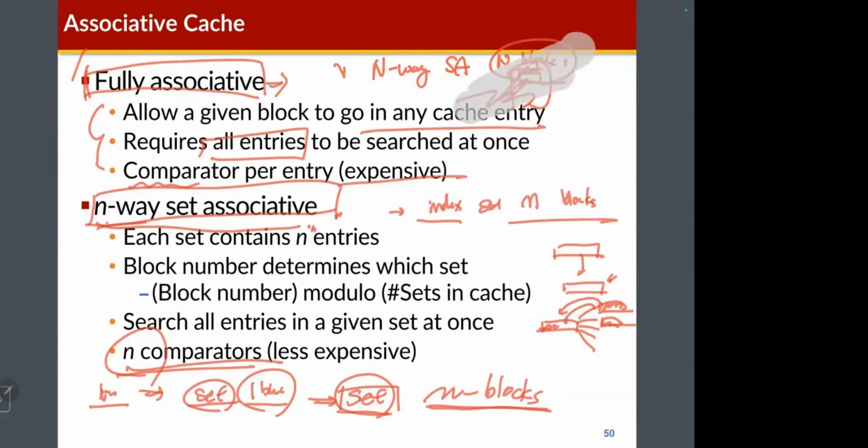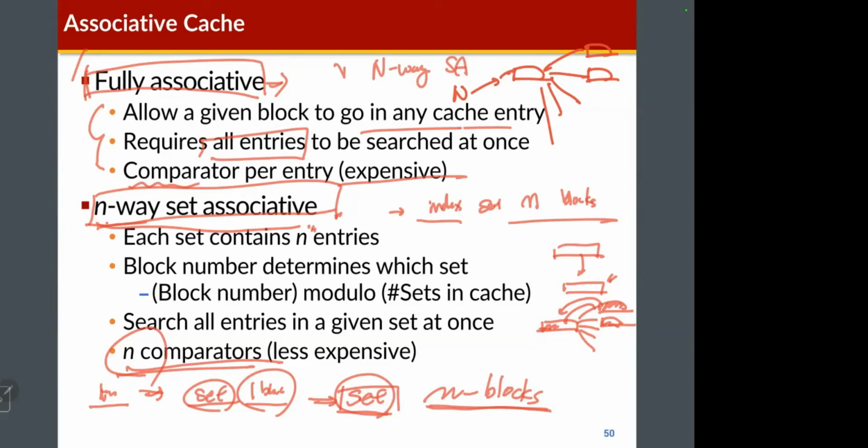Even though multiple blocks are mapped to this set of the set associative cache, we can store a maximum of n blocks in a target set. So all the valid blocks can be kept in the set associative cache.